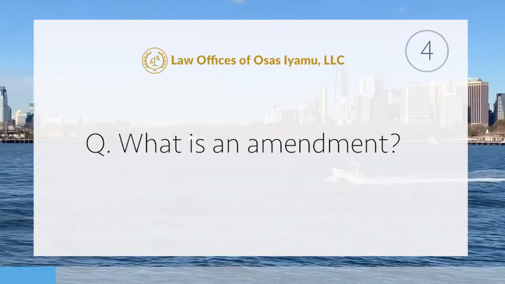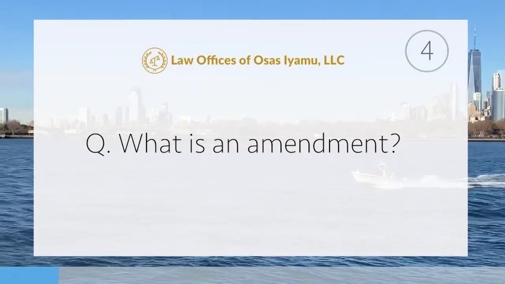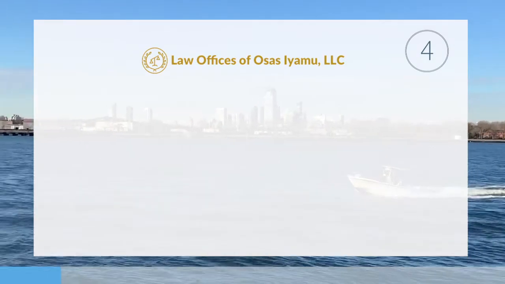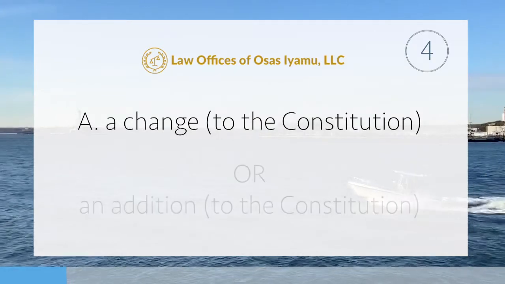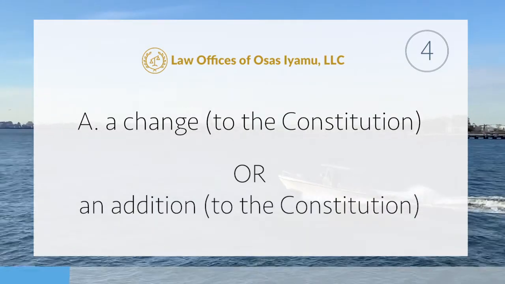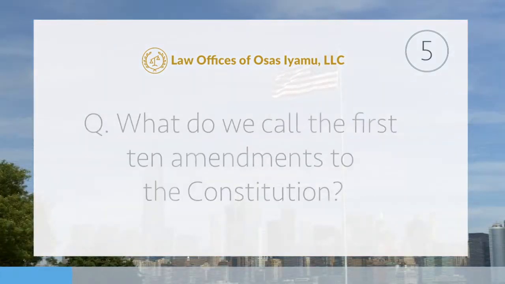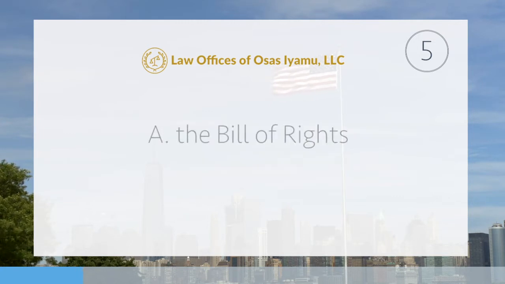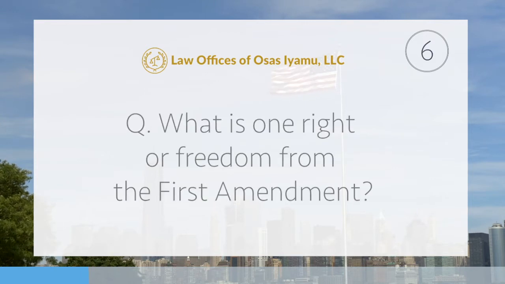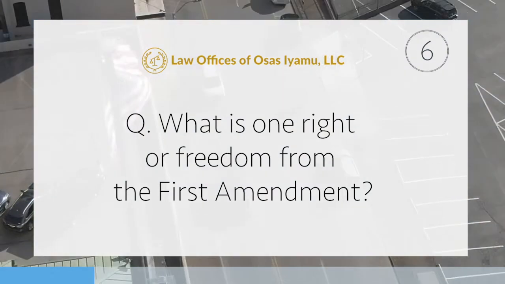What is an amendment? A change to the Constitution. What do we call the first 10 amendments to the Constitution? The Bill of Rights. What is one right or freedom from the First Amendment?